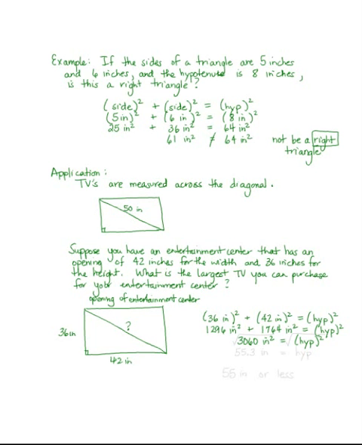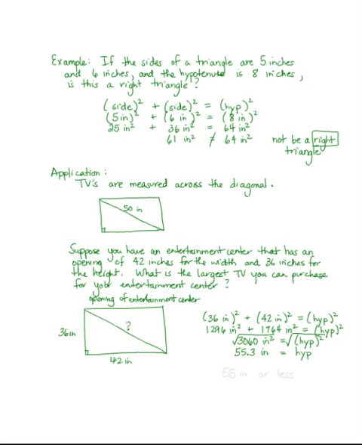Now recall, we're looking only for the hypotenuse, not the hypotenuse squared. So we're going to take the square root of both sides of our equation. This is going to give us, on the right side, hypotenuse. On the left side, this is approximately 55.3 inches.